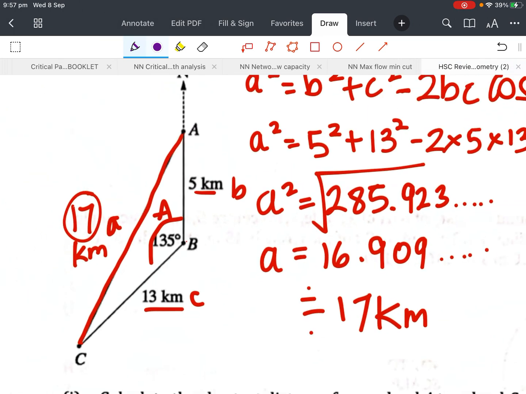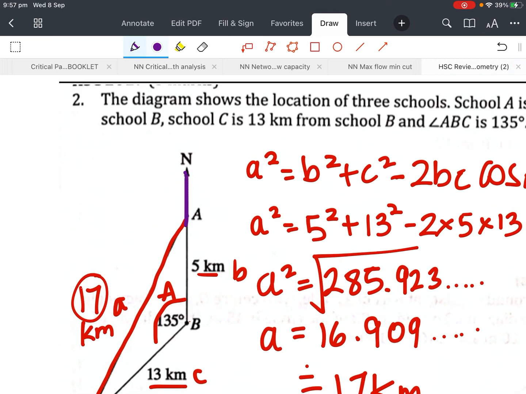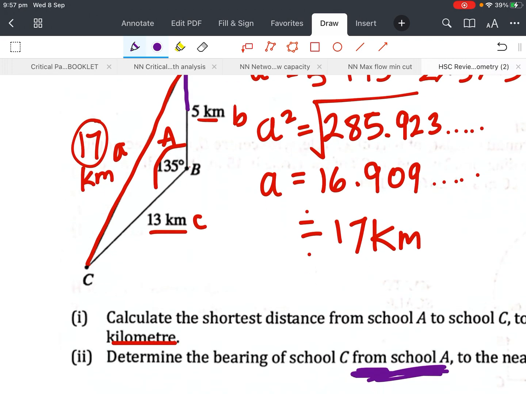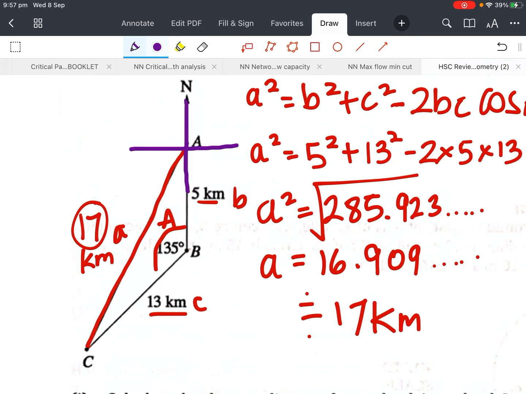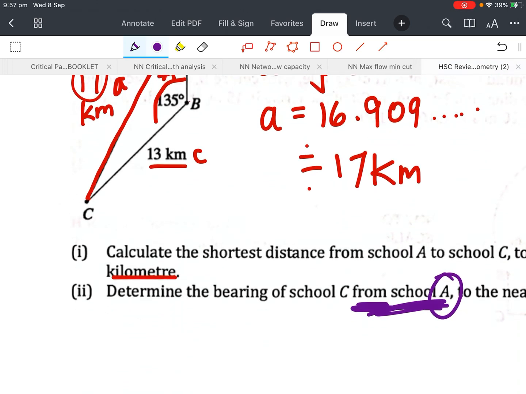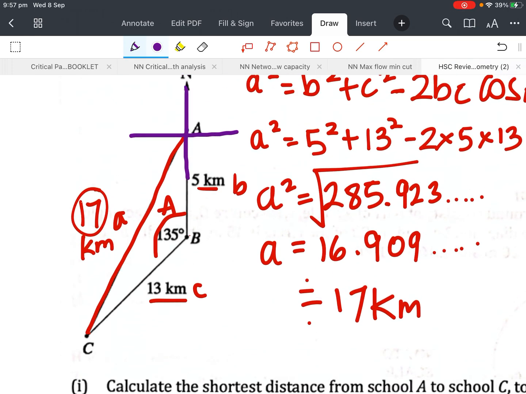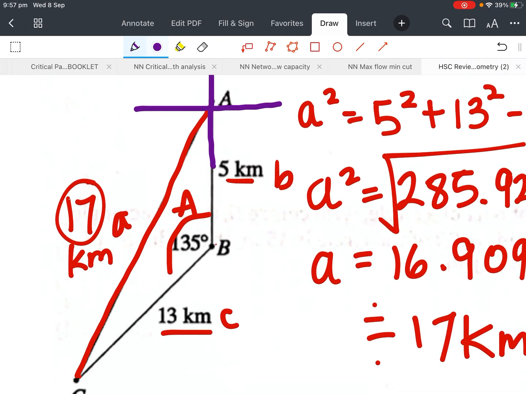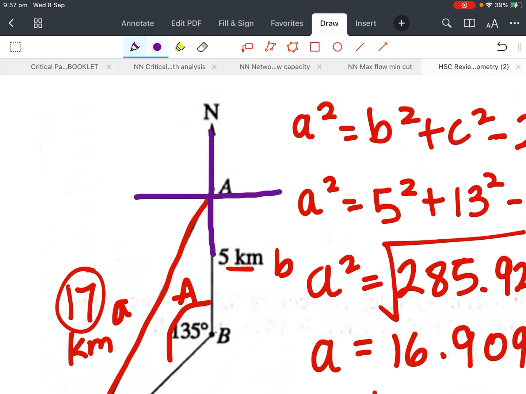So that means I need to draw a new compass rose on the dot of A, or on the point of A. So it says here, determine the bearing of school C. So here's C. That's that red line anyway. It's nice there. So that means I've got to work out from the north arm all the way around to the red line. That's the bearing I need to find. Now I know that a straight line is 180 degrees, don't I?